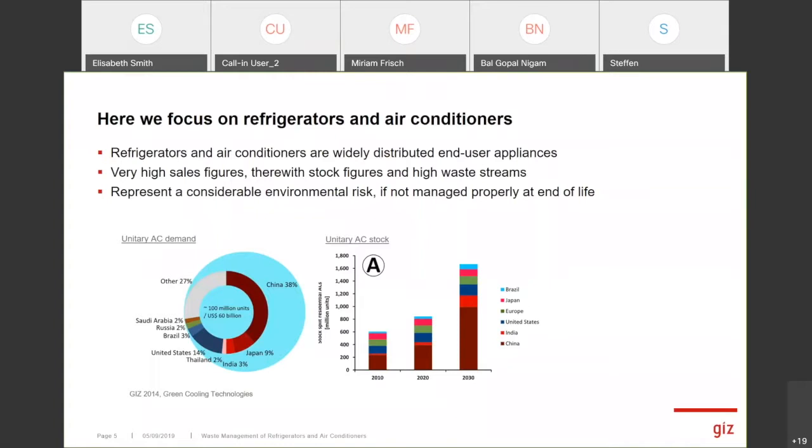On the right side, we have the unitary stock. If you look at it, you see that there is an increase between 2020 and 2030, and that is much stronger than from 2010 to 2020. Following this, the stock will grow from 650 million to nearly 1.5 billion units globally.